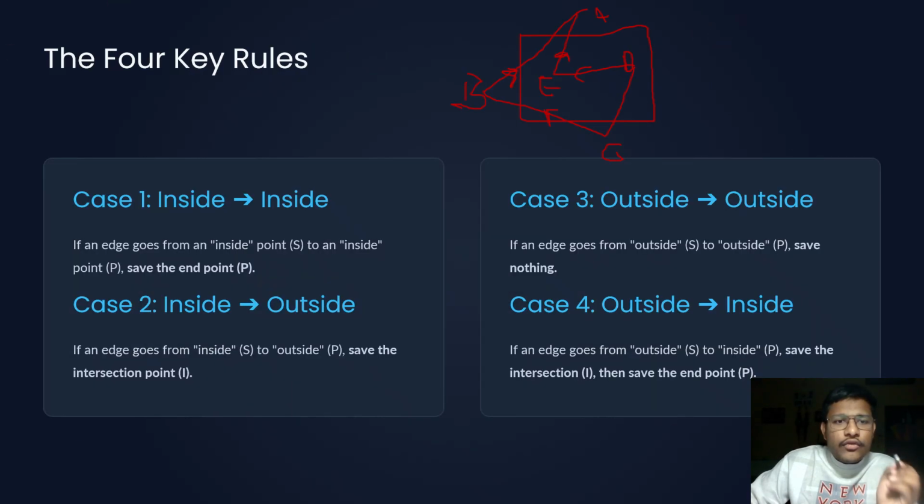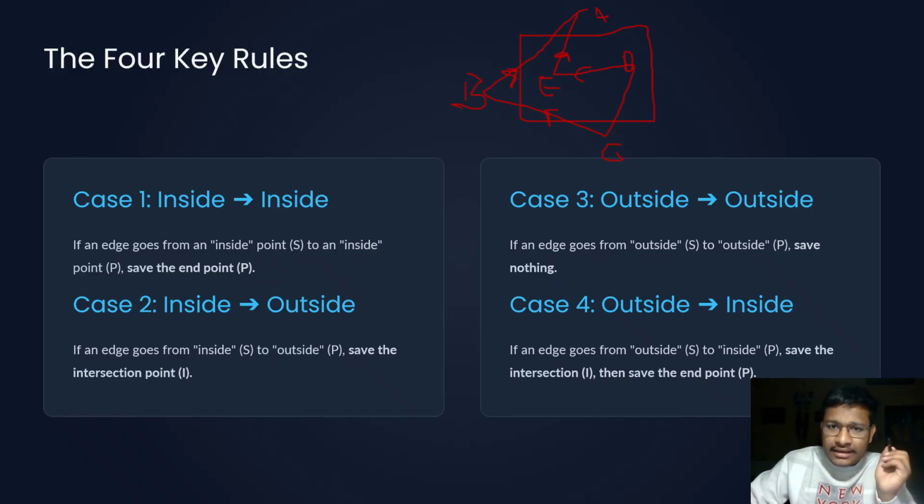There are four key rules of polygon clipping in the Sutherland-Hodgman algorithm. We have to remember these rules thoroughly. Case 1: when the line goes from inside to inside, we keep the endpoint.